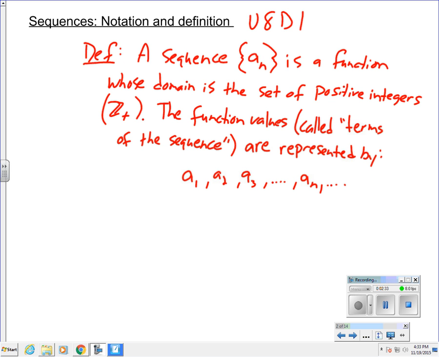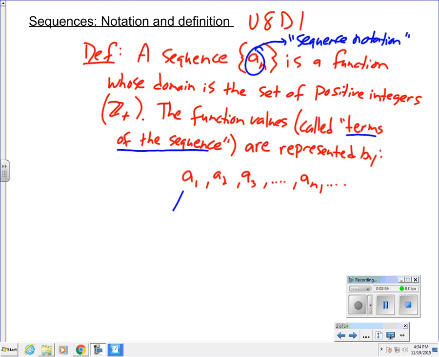So what we're going to do real quick is break this down a little bit. This notation, a_n, is what we call our sequence notation. The notation we use to represent a sequence is a sub n. All the a1, a2, these are the terms of the sequence.